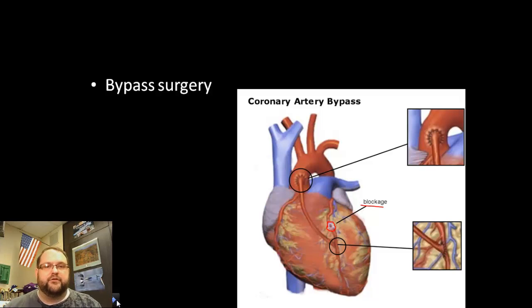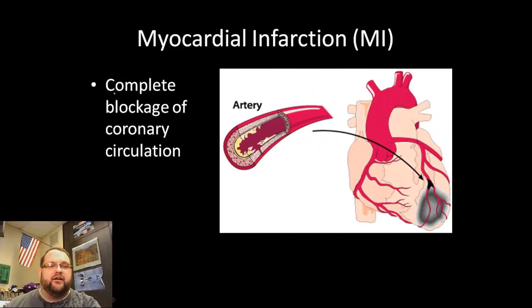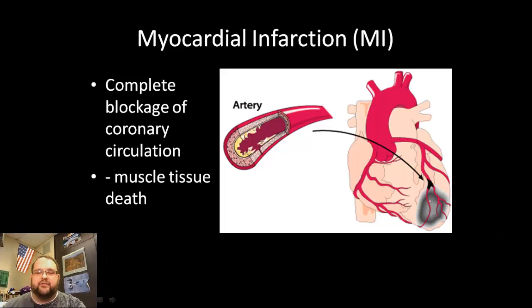It's pretty invasive surgery. Okay, if these are untreated, if you don't do those things, you'll lead to what's called a myocardial infarction, and this is your heart attack. This is complete blockage of coronary circulation, complete blockage of these arteries in the heart, and this actually causes muscle tissue death. Right here's our blockage, and down here we have dead heart tissue, which is severe and very quick and could cause death.